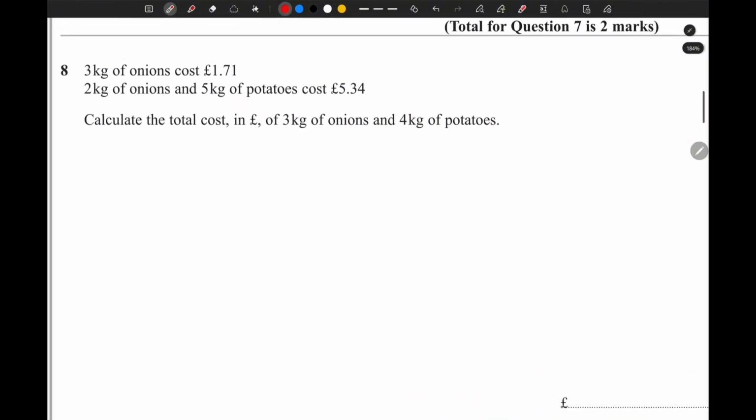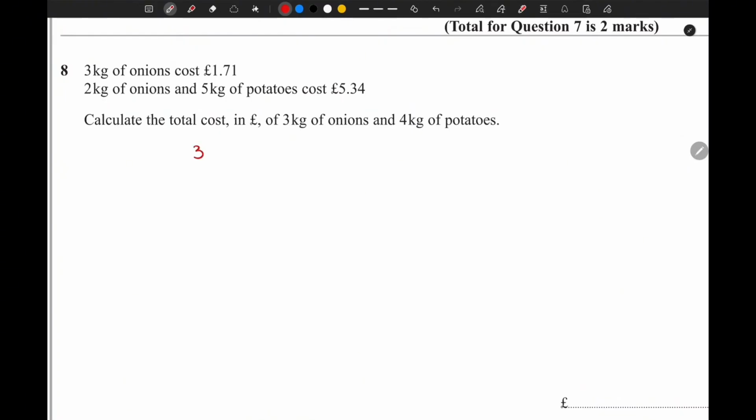Now in the next question, 3 kilograms of onions cost 1.71 pounds and 2 kilograms of onions and 5 kilograms of potatoes cost 5.34 pounds. Now we need to find the total cost of 3 kilograms of onions and 4 kilograms of potatoes. So let's first find out the cost of 1 kilogram of onions.